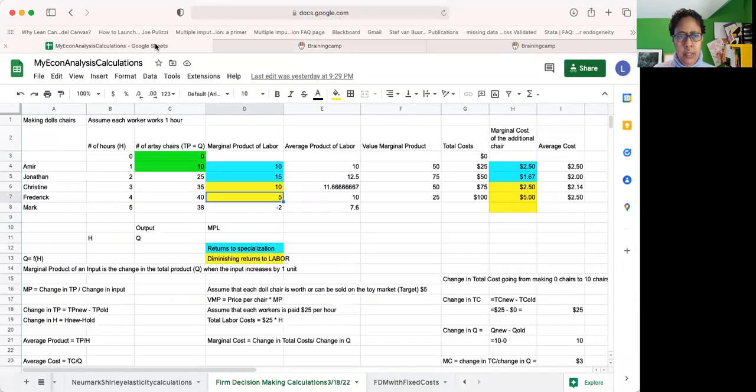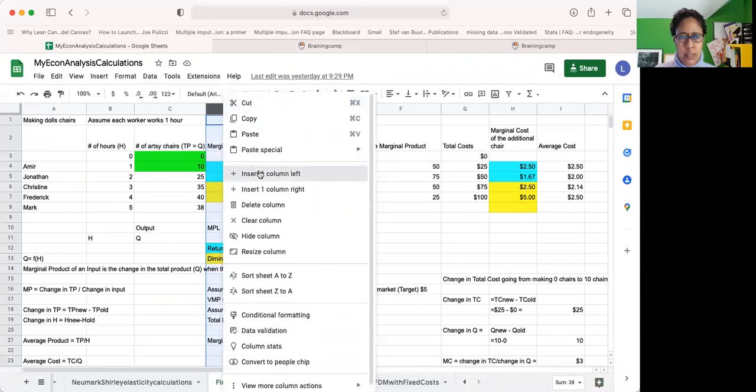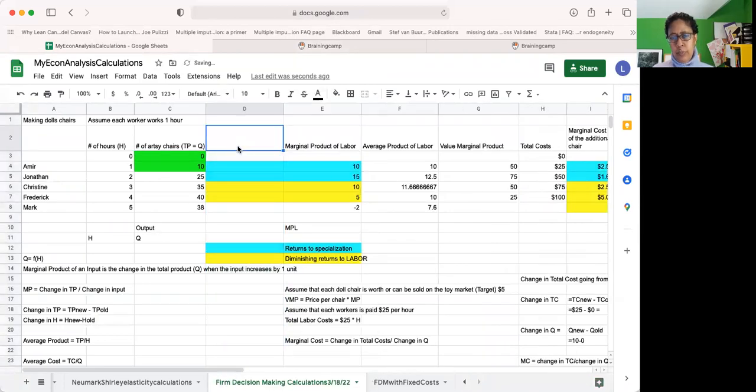I want to calculate now something called the midpoint of Q. So here's my Q. I'm going to insert a column on the left here. Because we are not looking at an increase in cost with Q changing by 1. In reality, when we hire more people, they don't usually just make one more thing. So again, this is a convention.